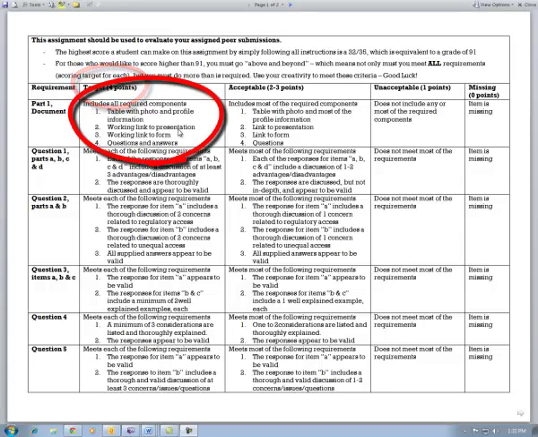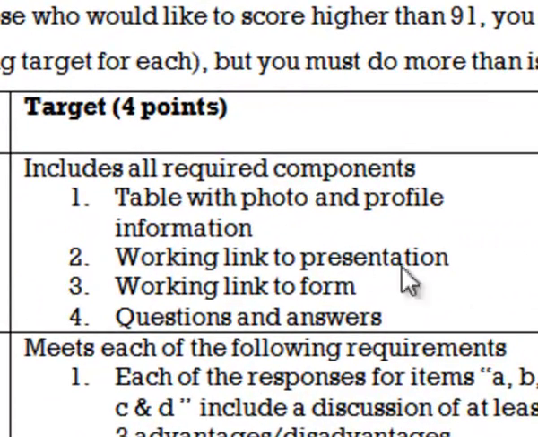To earn target, a student must, in their Part 1 document, include all required components. They must have a table with photo and profile information. They must include a working link to their presentation. This means a URL that actually takes you to the presentation when you click on it. A working link to the form, and it must include the questions and answers.